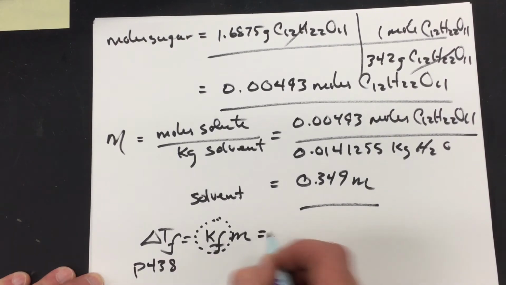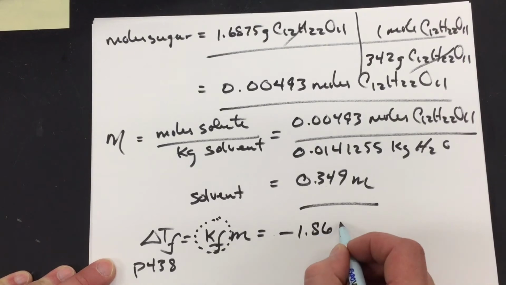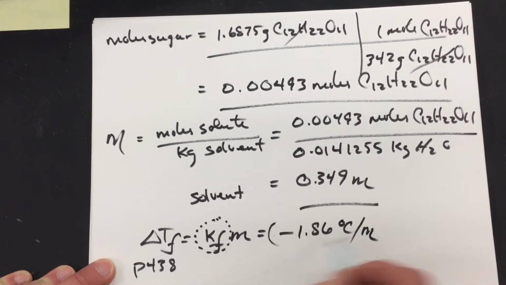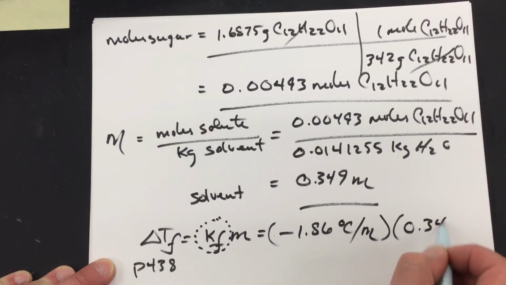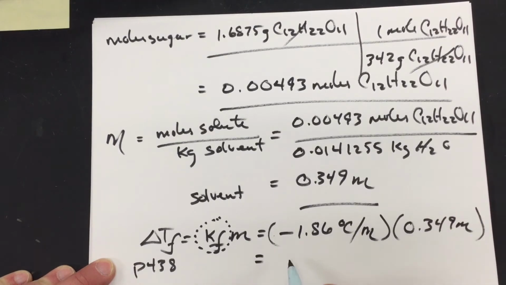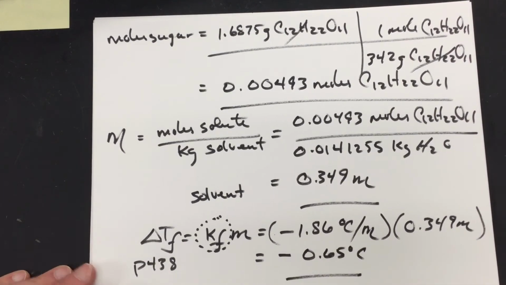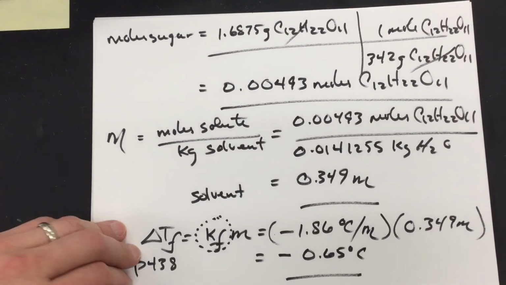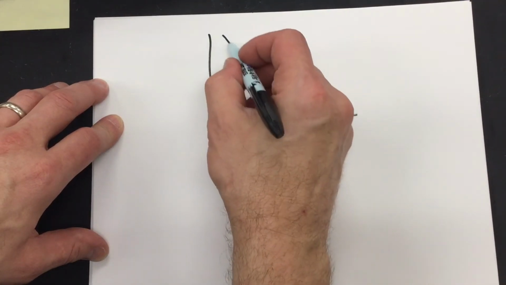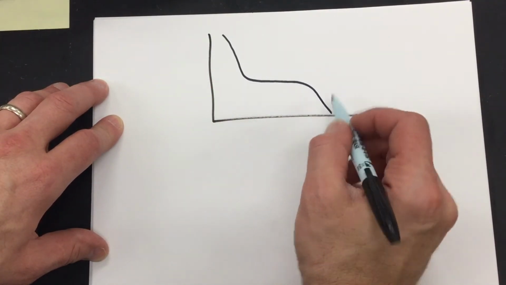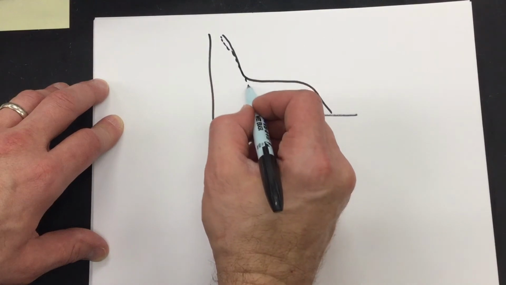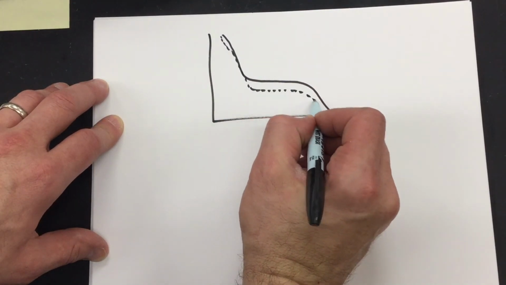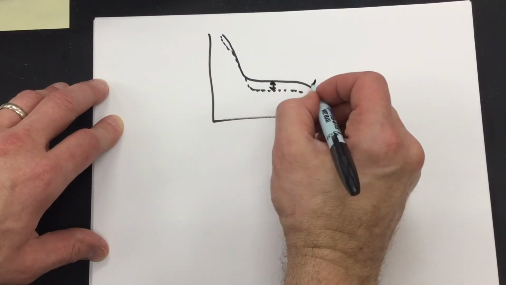We find that Kf is negative 1.86 degrees Celsius per molal. I multiply that by my concentration, 0.349, and I'm going to get negative 0.65 degrees Celsius. So it should be that much lower than 0. Remember our graph? So if it drops and falls again, and then with the solute, with the sugar dissolved, it's lower, so that's the delta TF.